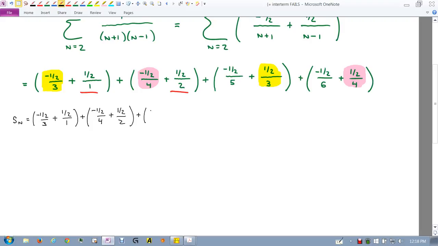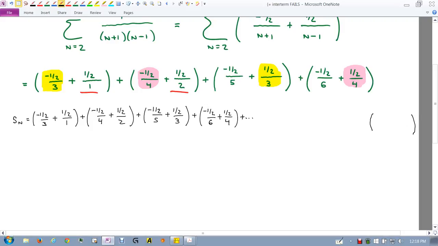Plus negative 1/2 over 5 plus 1/2 over 3 plus negative 1/2 over 6 plus 1/2 over 4 plus and so on. Now, I need to go out to n, right? The last one, which will be the nth one, and I need to pick up a couple in front of it also. But I don't know if I have enough space. Let me try and go out to the last one.